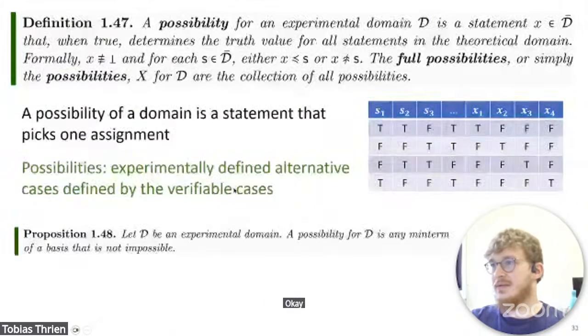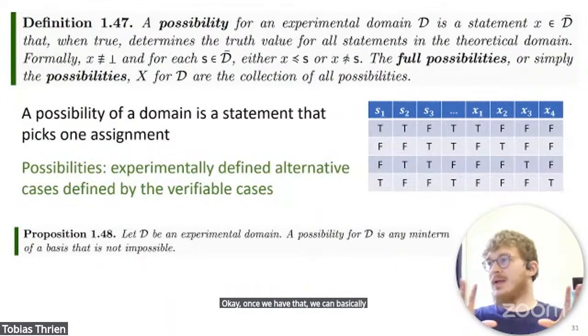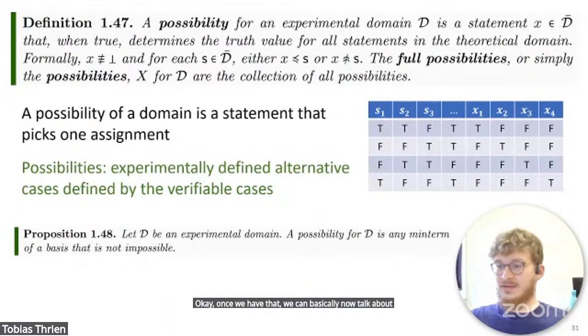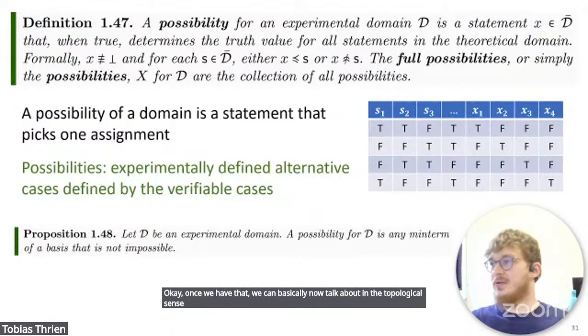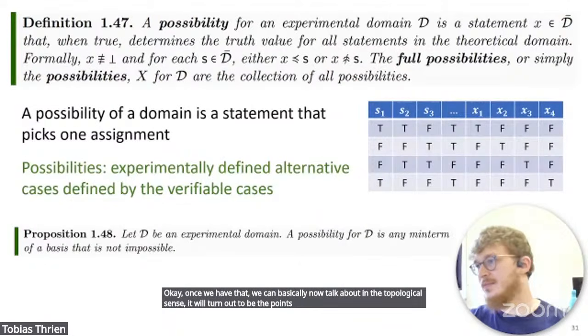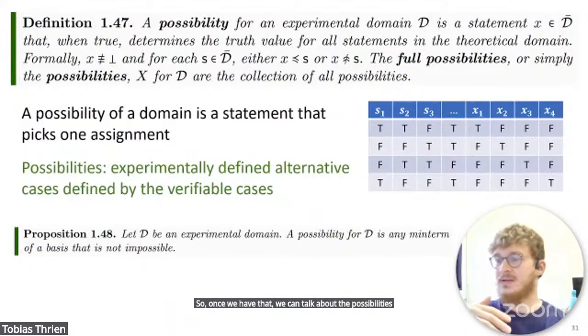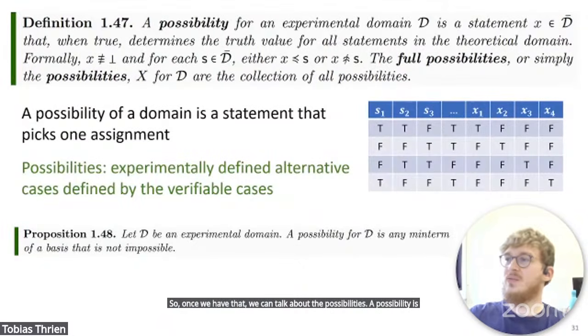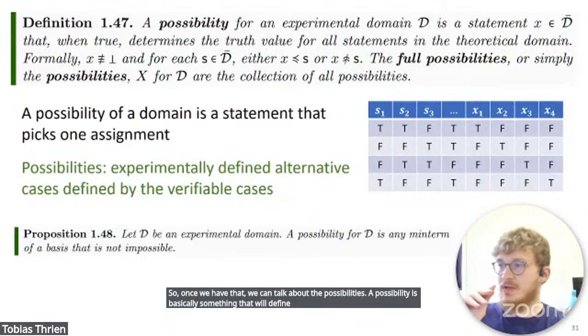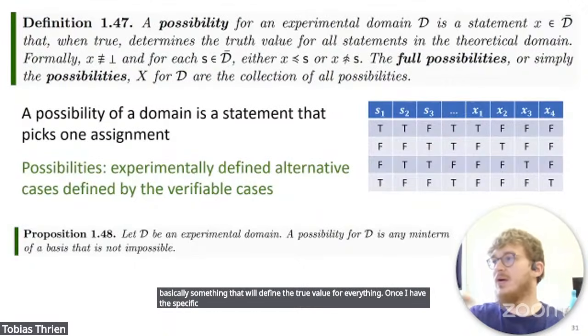Okay, once we have that, we can talk about, in the topological sense, what will turn out to be the points. So once we have that, we can talk about the possibilities. A possibility is basically something that will define the truth value for everything. Once I have the specific possibility, I know what each test will tell me.